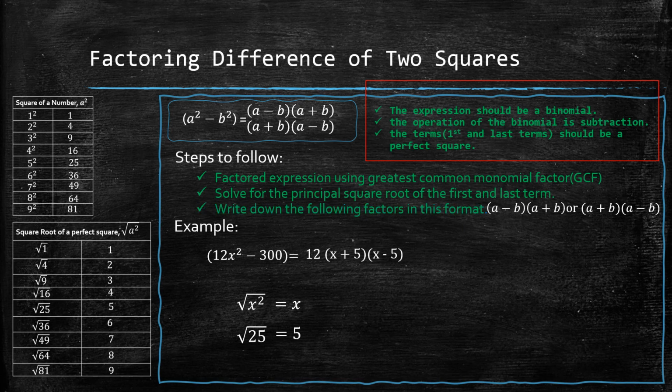So your answer now is equal to 12 times x plus 5 times x minus 5. So we have checked everything. This is now your answer.